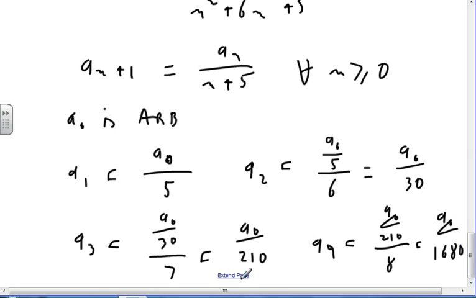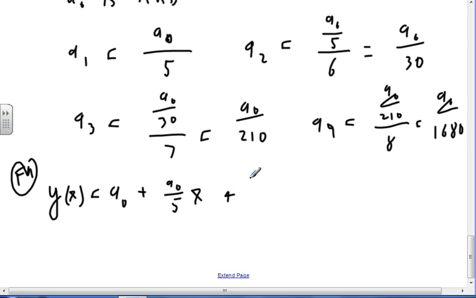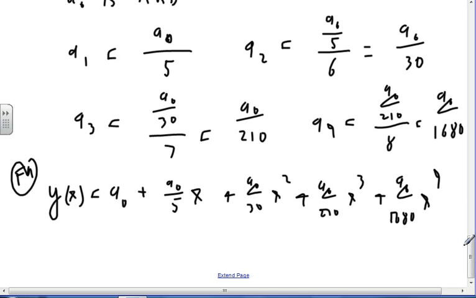All right, so my final answer says y of x is going to be a0 plus a0 over 5 x plus a0 over 30 x squared plus a0 over 210 x cubed plus a0 over 1680 x to the 4th.